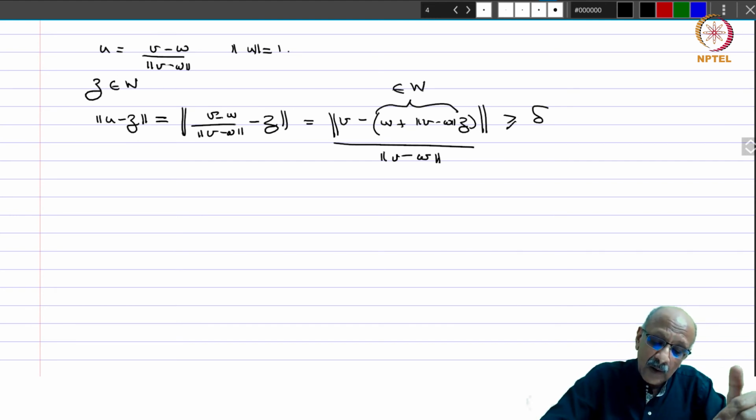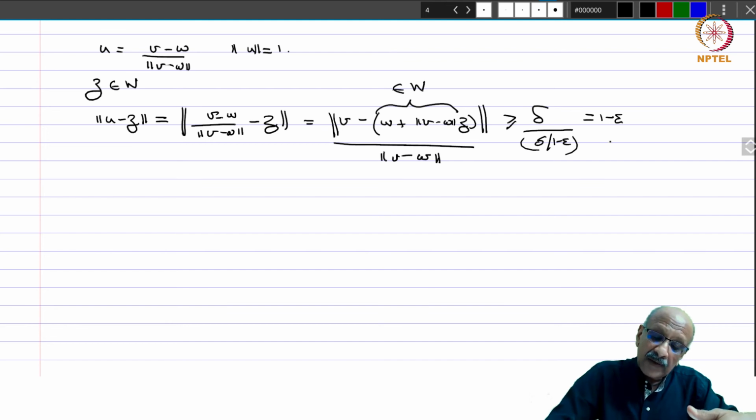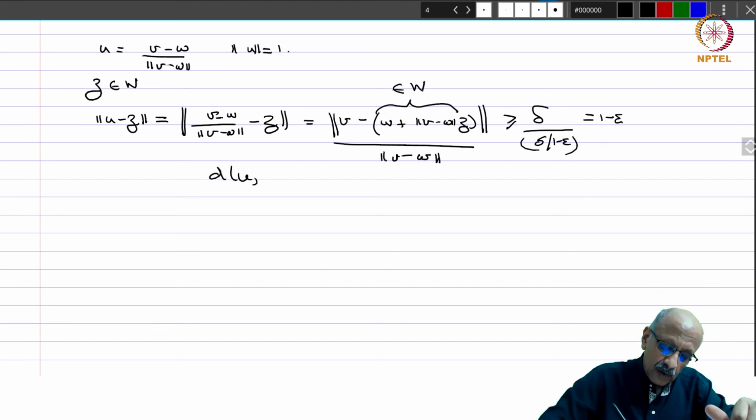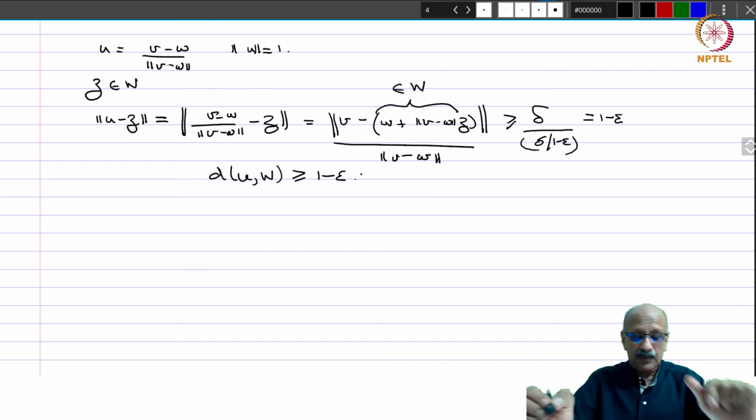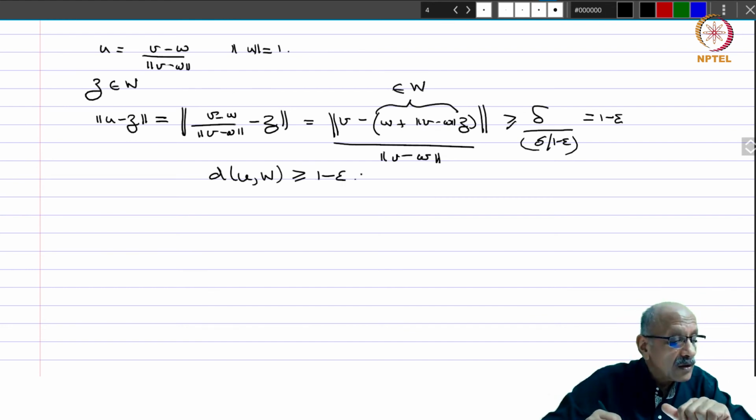Since it is in the denominator, this is delta by delta over 1 minus epsilon, which is equal to 1 minus epsilon. Therefore, norm of u minus z is greater than or equal to 1 minus epsilon for any z in W. Therefore, d(u, W) is greater than or equal to 1 minus epsilon. So, this is the proof.